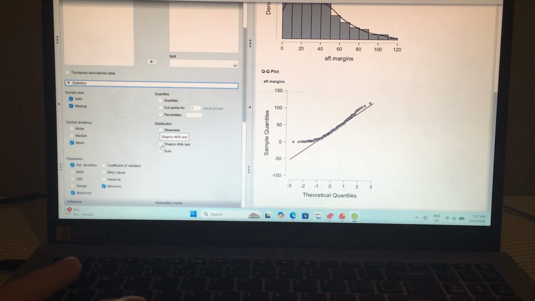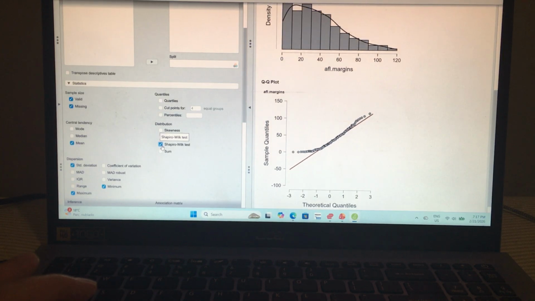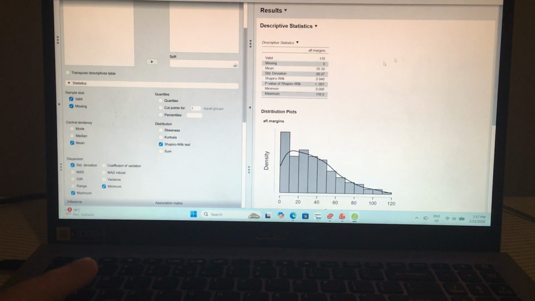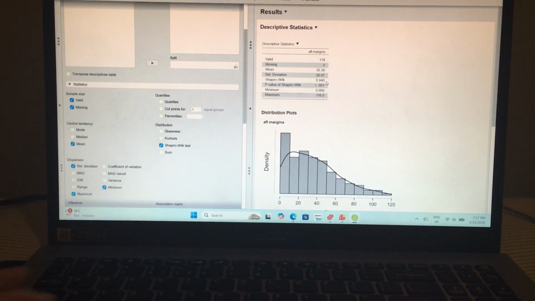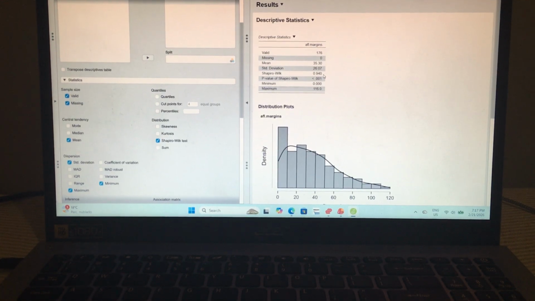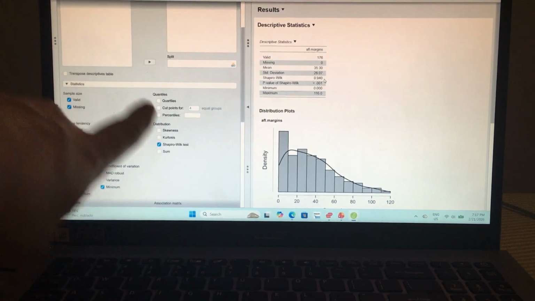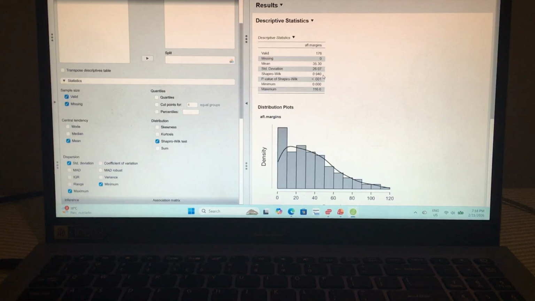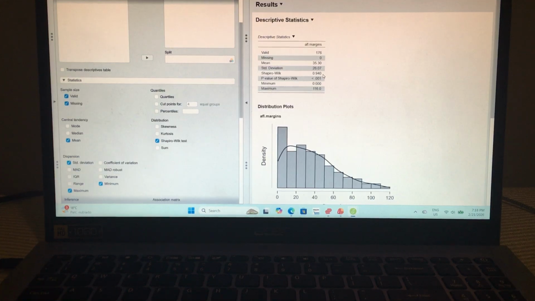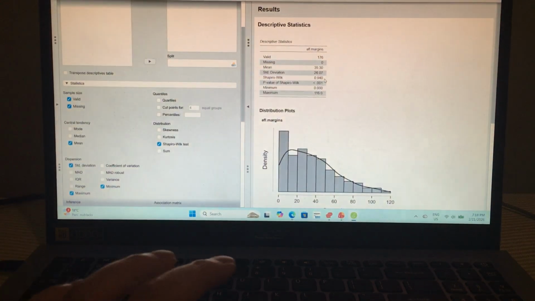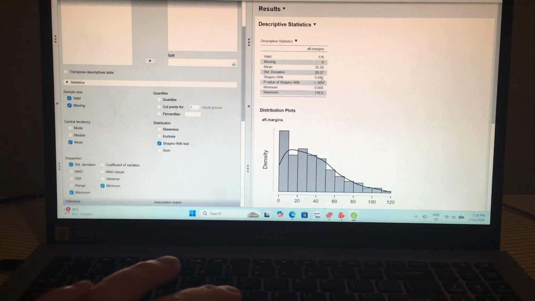We're going to check Shapiro-Wilk test. We're going to go back up here and see what our value came out to be, and if it matches what's on page 29. When we run our Shapiro-Wilk test, which we just check a box, right here, on this AFL margins data, we get a value for the Shapiro-Wilk normality test statistic of big W equals 0.940.